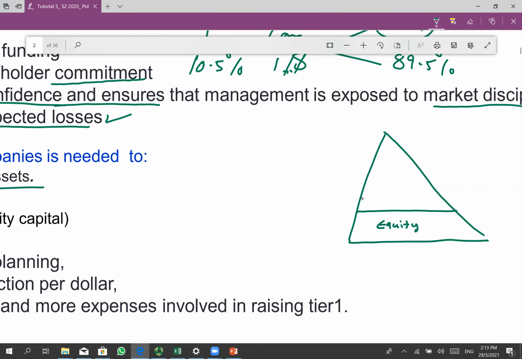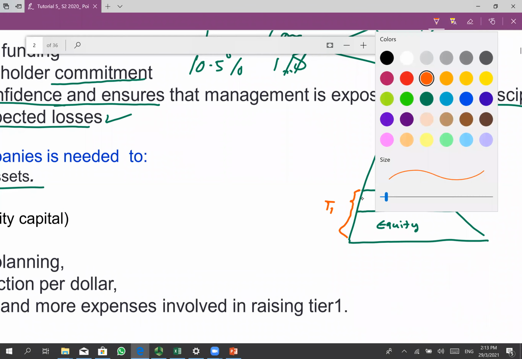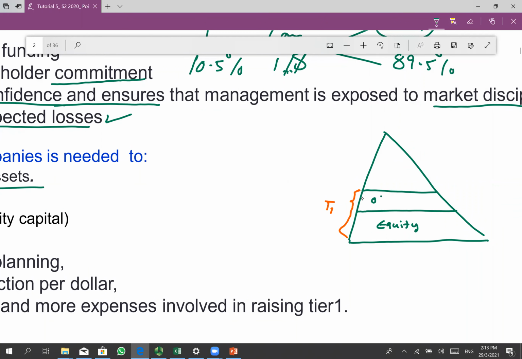The equity is part of another structure called tier 1. So tier 1 is equity and other tier 1 items, like preference shares, hybrid securities, provision for losses, the ones we explained clearly in the lecture.